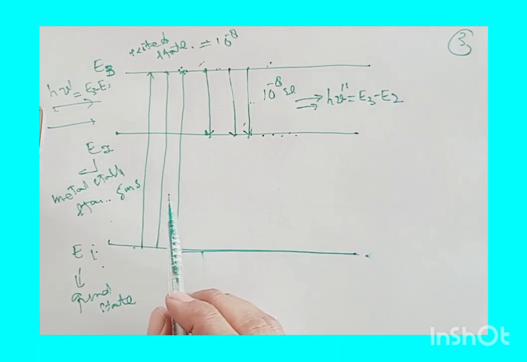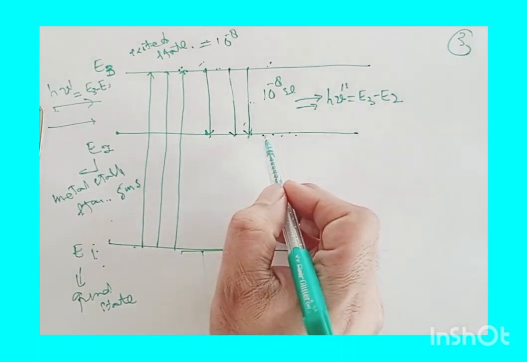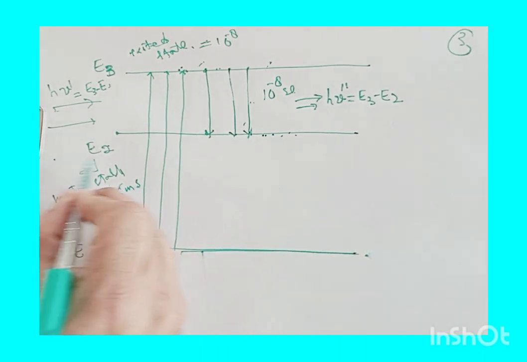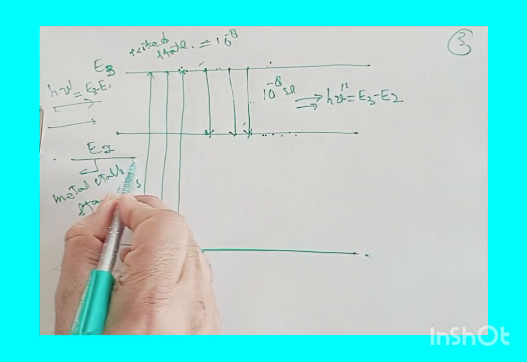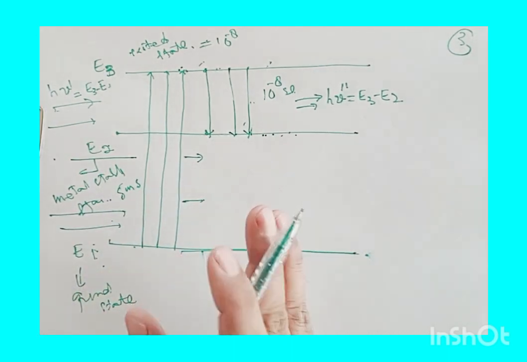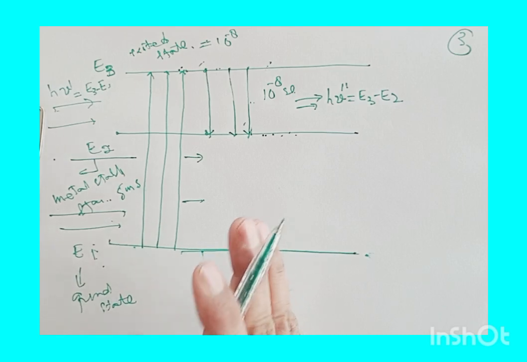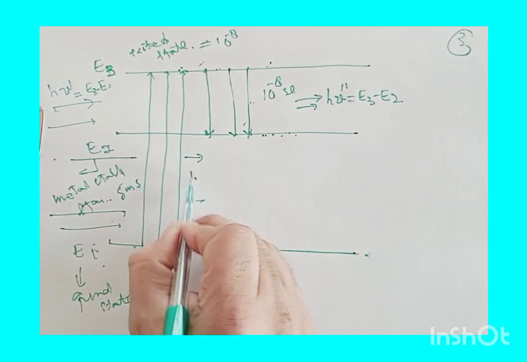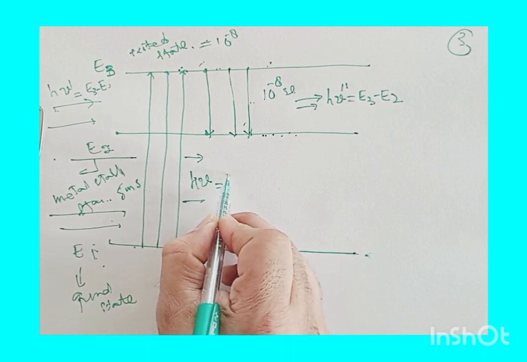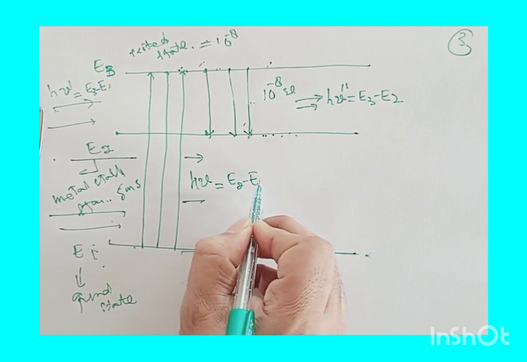Now the atoms that we have in the metastable state E2 are bombarded, once they are in the metastable state, with the energy h nu, and this h nu is E2 minus E1.